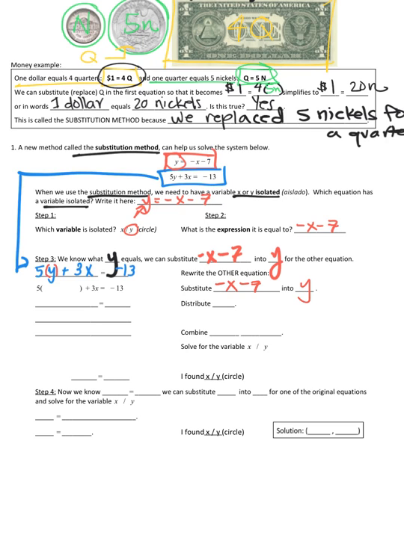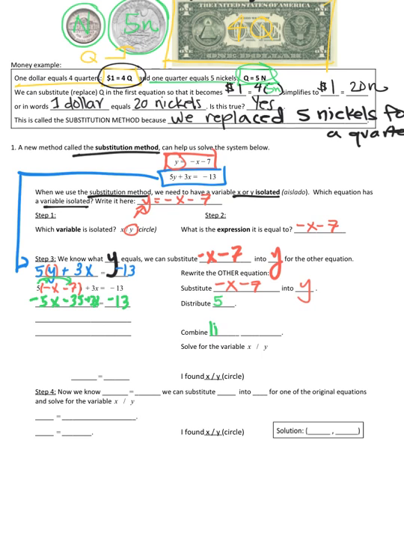So instead of y, I'm going to put parentheses, and I'm going to write negative x minus 7. And since I see that 5 outside of those parentheses, I'm going to distribute it. So distribute 5. That's going to give us negative 5x minus 35 plus 3x equals negative 13.